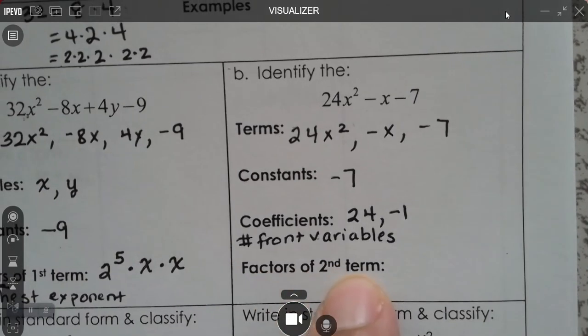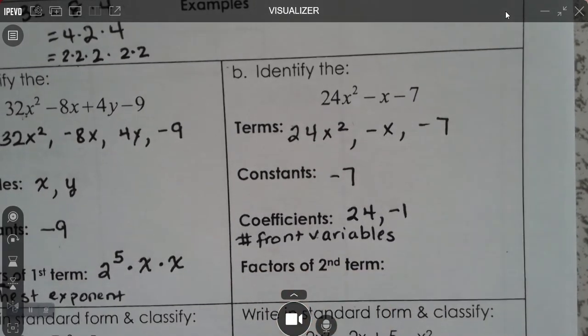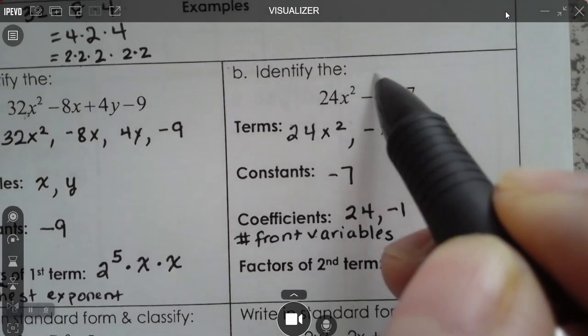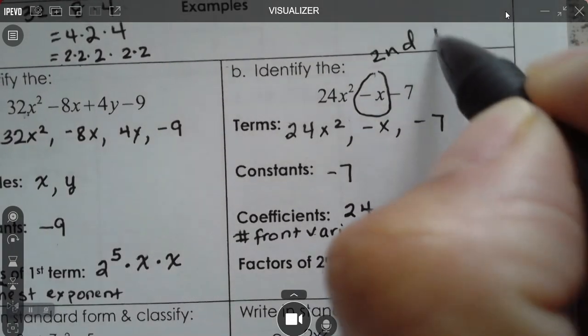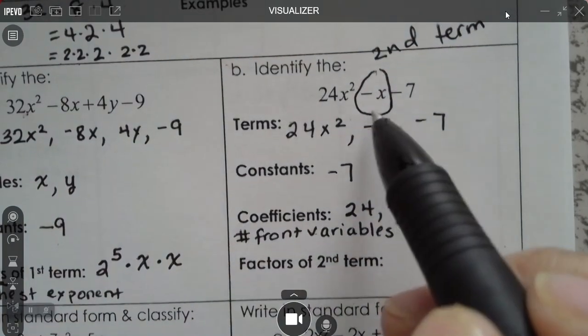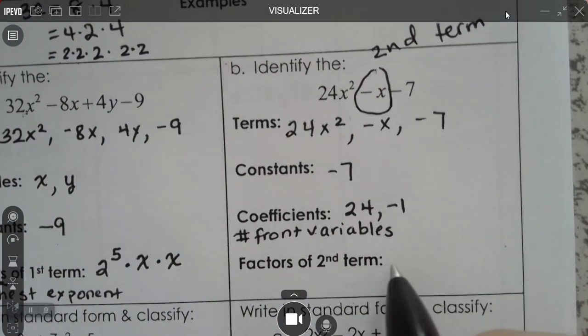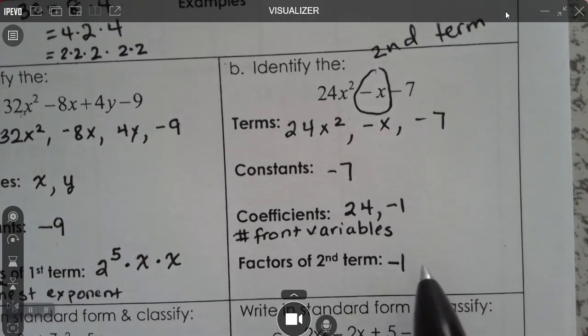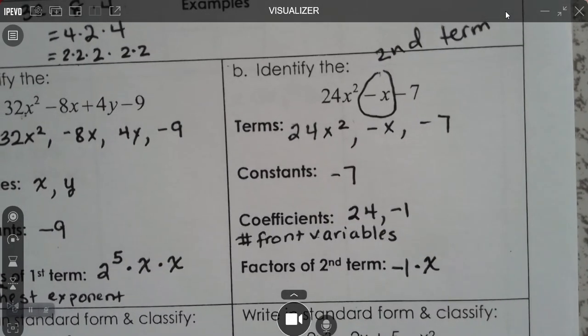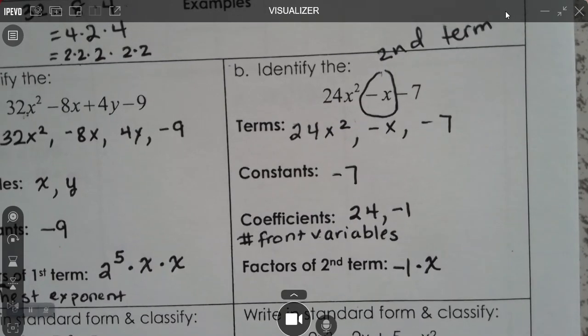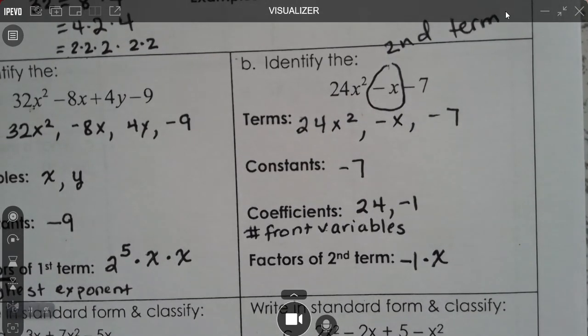And the factors of the second term. Which one is the second term? The second term is this one. All right, the coefficient is a negative 1, so that's negative 1 times x. Right, negative x comes from negative 1 times x. There's only a single x this time.